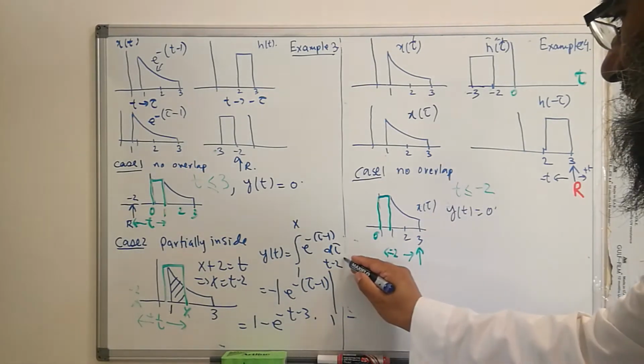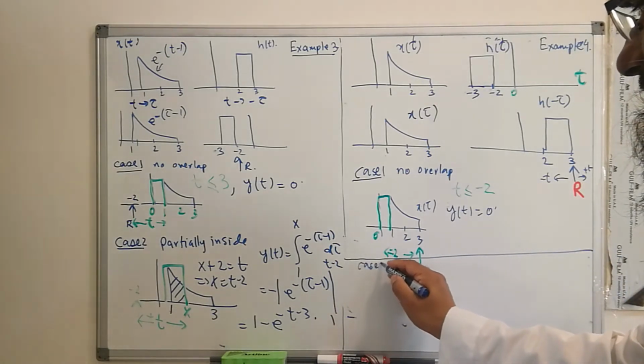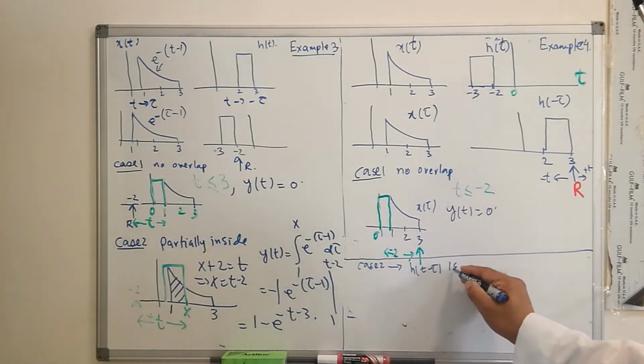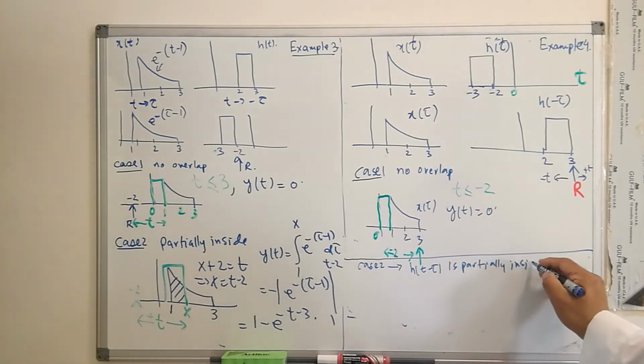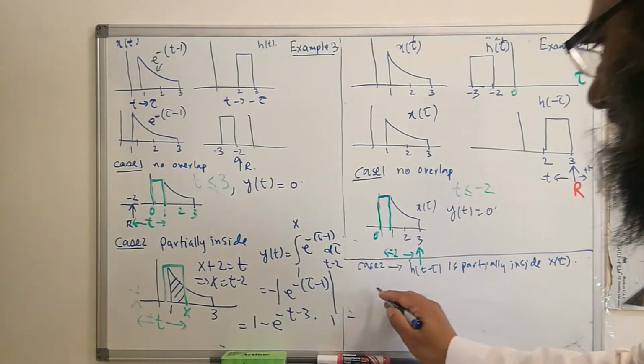Now the second case is when my pulse, h of t minus tau, is partially inside x of tau. So let us look at the figure here.